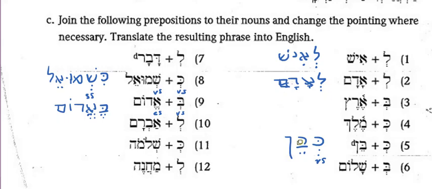So this dagesh is going to go away. It will become kevain instead of kebane. Kevain, like a son. Okay?